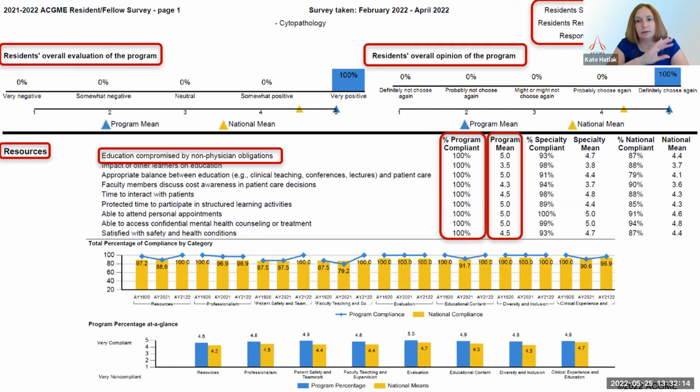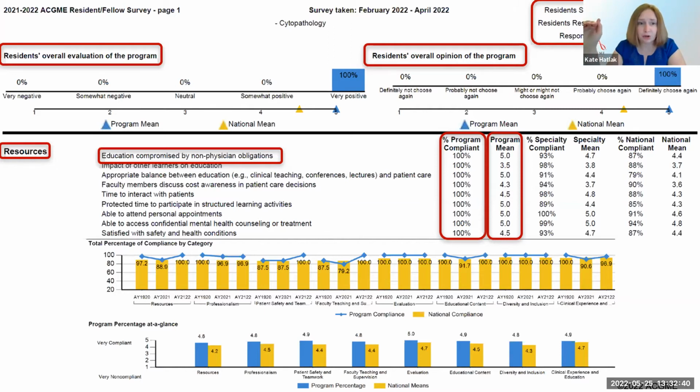Now the mean, regardless of what the words on the scale are, the responses are given a 1 to 5 value, as you may guess, 1 being the worst, 5 being the best. So the mean tells you the average of the respondents. You can see for education compromised by non-physician obligations, not only did everybody give a compliant response, everybody gave the best response.